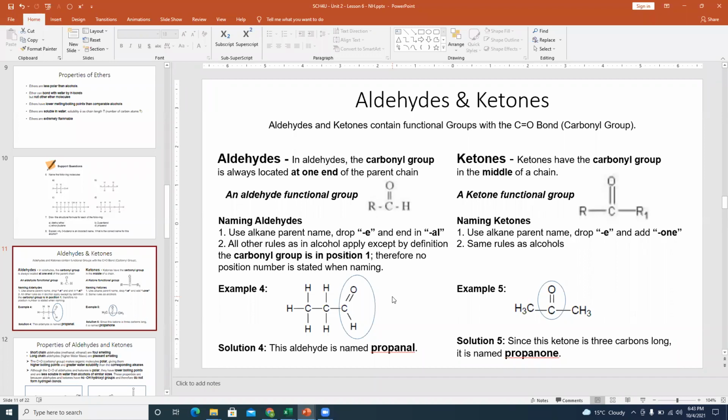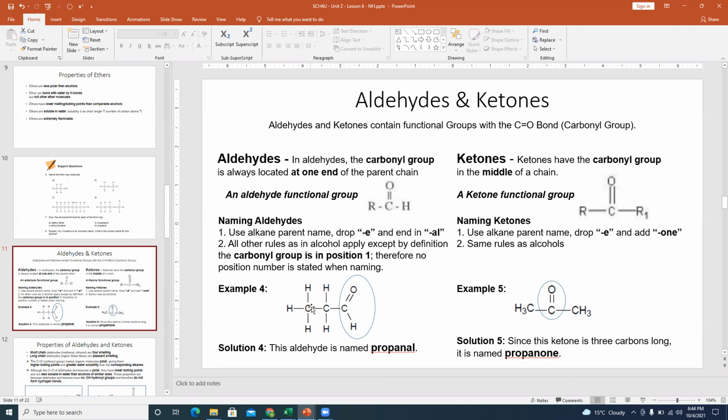So there is no need to state the number where the carbonyl group is. You don't need to say that this molecule is a 1-propanal, because the carbonyl group is always located at one end, and that end would be your carbon number 1.